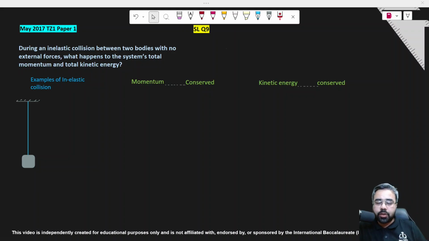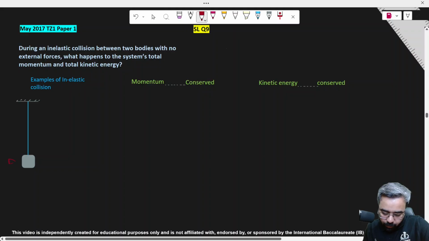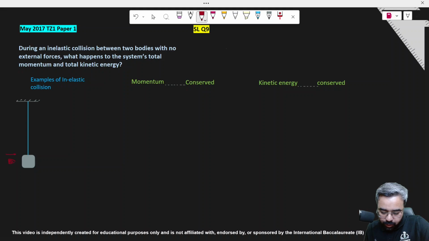First of all, I need to show you examples of inelastic collision. This is one example, like all the examples which involve embedding of something into the other. For example, if this is a bullet that is fired towards this block with some initial velocity u, at the very next moment it is going to embed in this block, so it will look like this when it embeds.